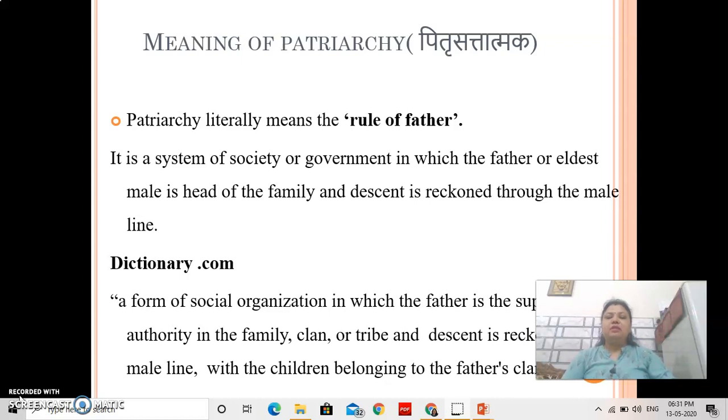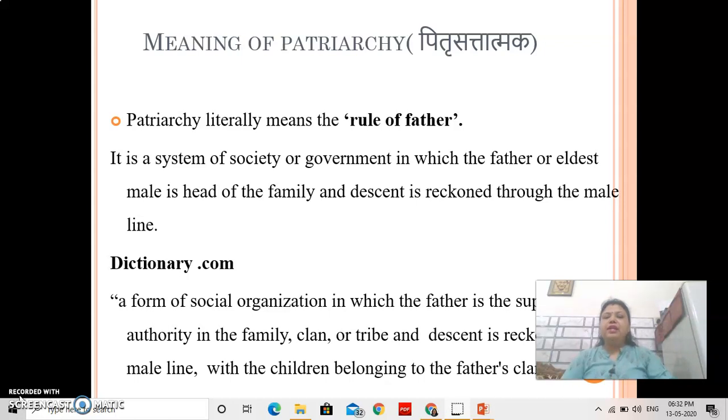Now, the next term is the meaning of patriarchy. Patriarchy literally means the rule of the elderly male person in the family. It is a system or society or government in which the father or eldest male is head of the family and descent is reckoned through the male line.